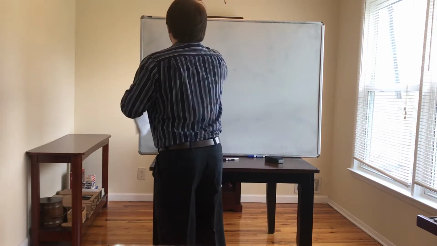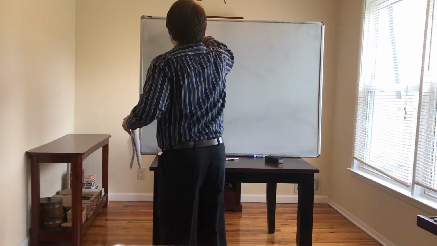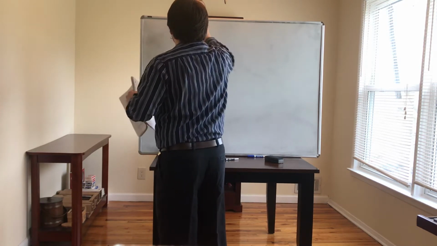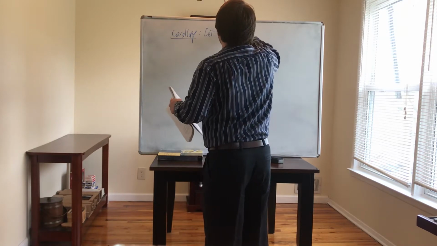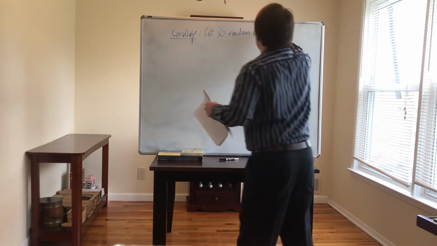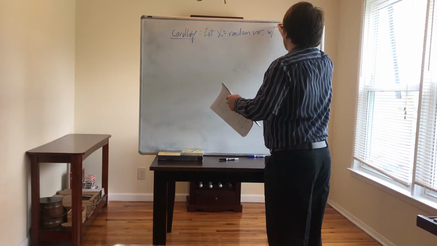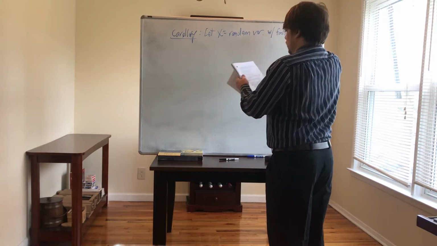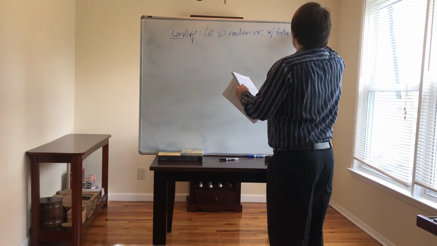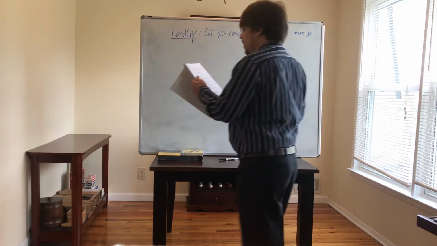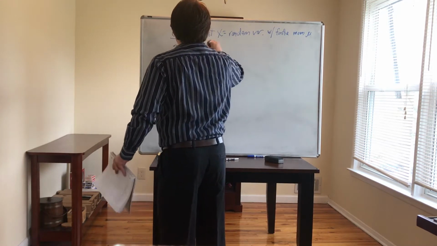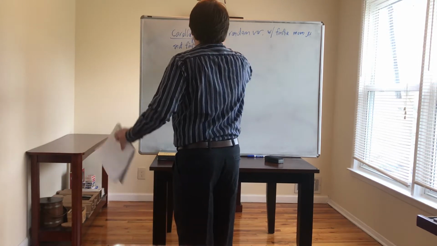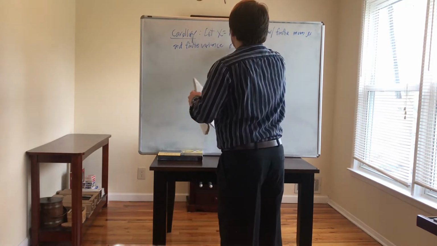The corollary to the theorem is: let X be a random variable with finite mean mu and finite variance sigma squared.